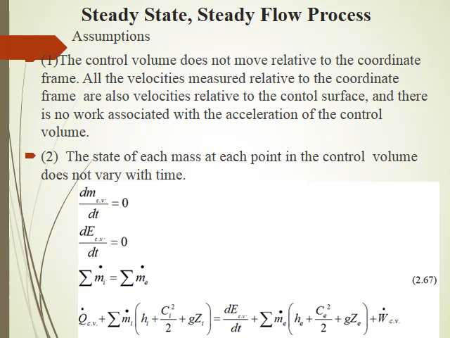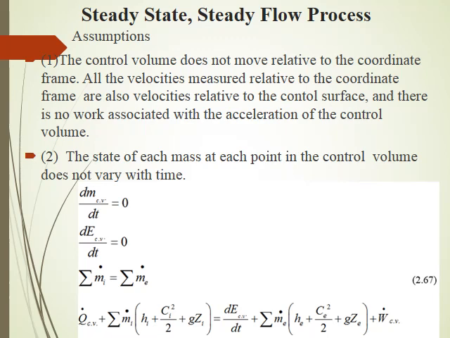The state of each mass at each point in the control volume does not vary with time. Now the state of mass is not varying, and that is applicable to each point mass within the control volume. It means dmCV upon dt will be equal to 0, because the state is not changing within the control volume.